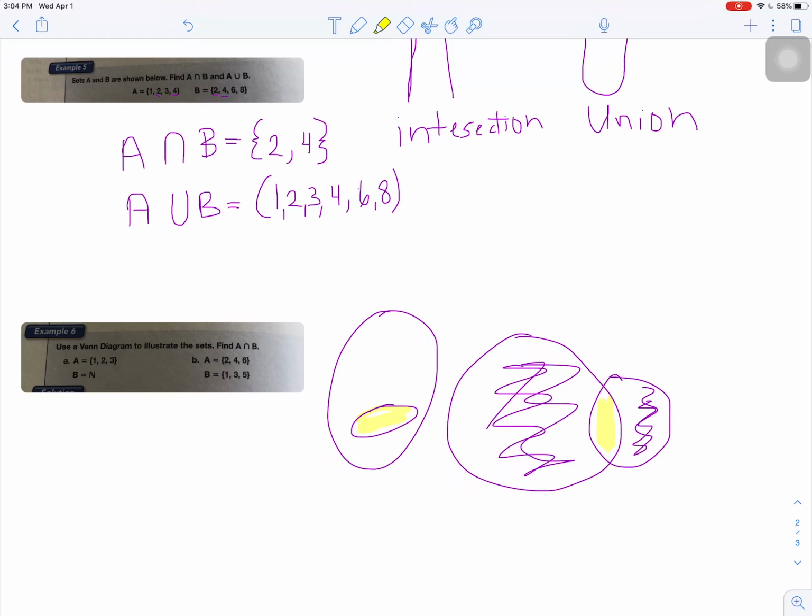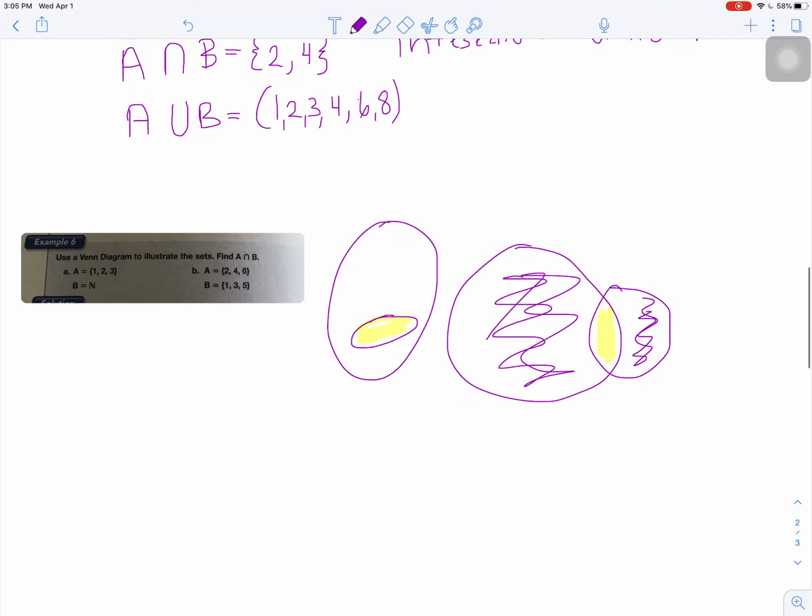Okay, so it says use a Venn diagram to illustrate A equals 1, 2, 3, and B is N, and we learned already that the N stands for counting numbers. Okay, so let's draw it. You'll see that counting numbers are going to fall within natural numbers.